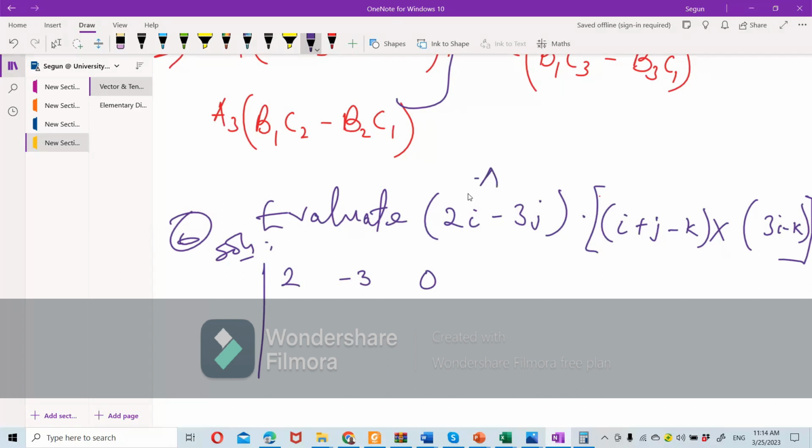Because this represents A, B, and C. Then you have here i, which is 1, 1, -1. You have 3, 0, -1. Please solve it. Let me see the answer, please. Everybody solve it.